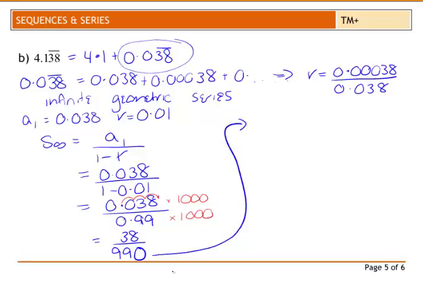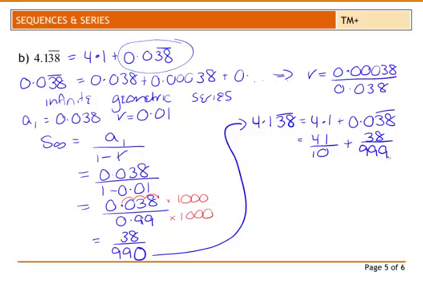You would be working down your page. Let's join it together. We had 4.138 where the 38 was recurring. So that was the 4.1 plus 0.038. We rewrite the 4.1 as 41 over 10, and then we have plus 38 over 990, which I just found. I need a common denominator, which I keep writing as 999, sorry about that.